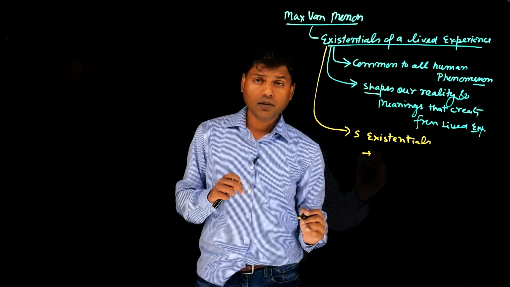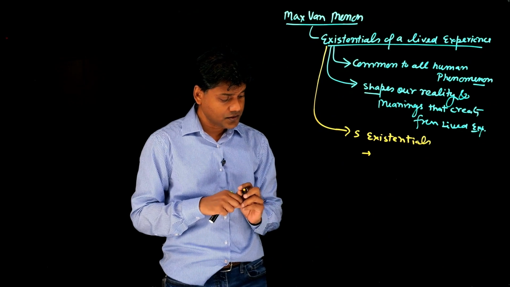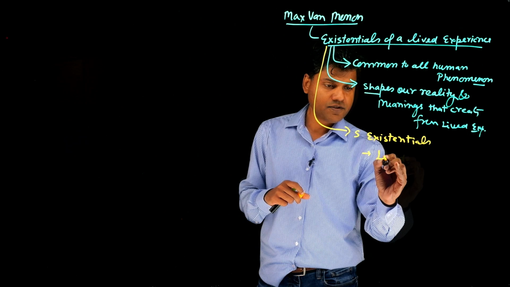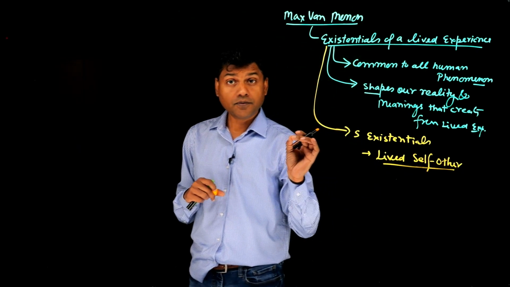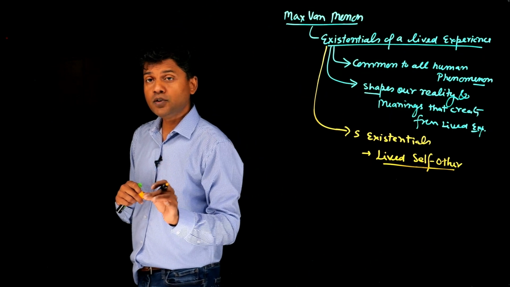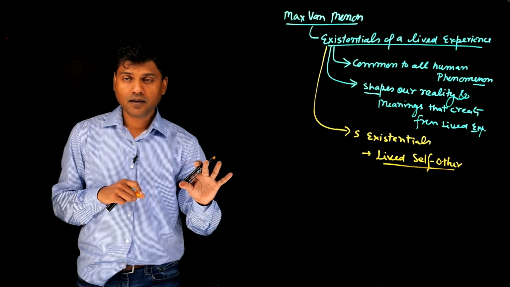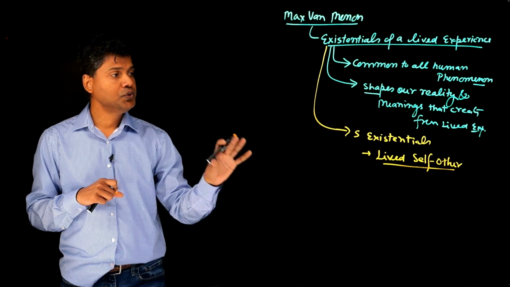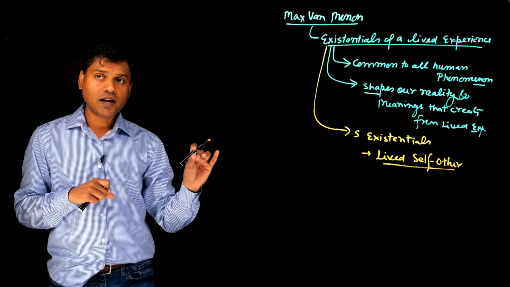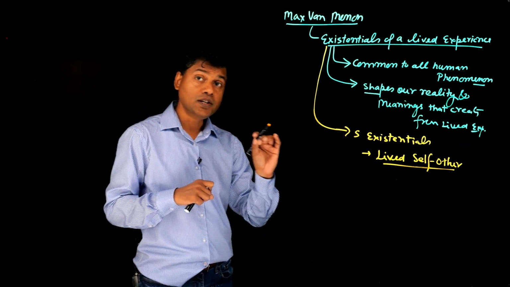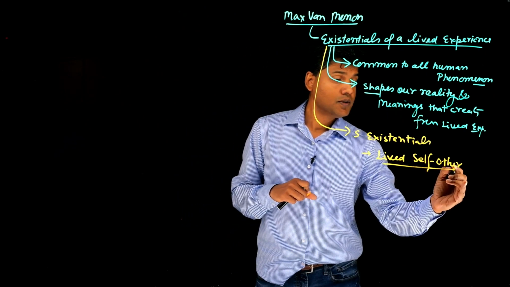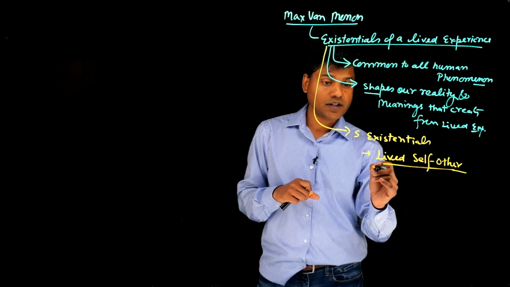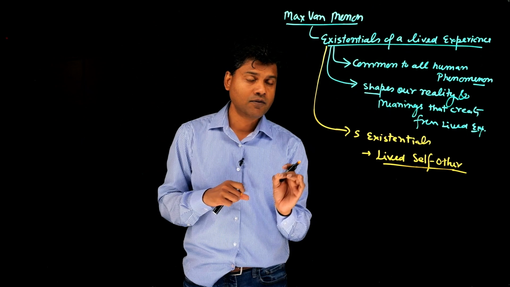What are those? The first existential he talks about is lived self-other. This is the first template that, when you are looking at your data, you can use to analyze the data, to reflect on questions related to this template, which is lived self-other.